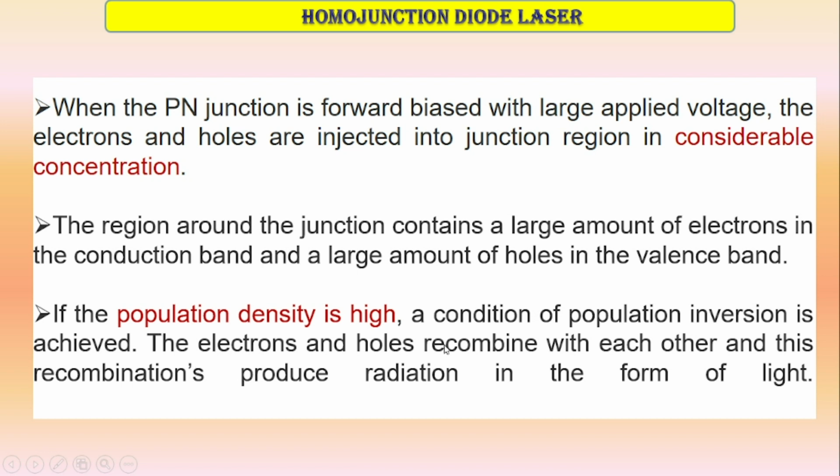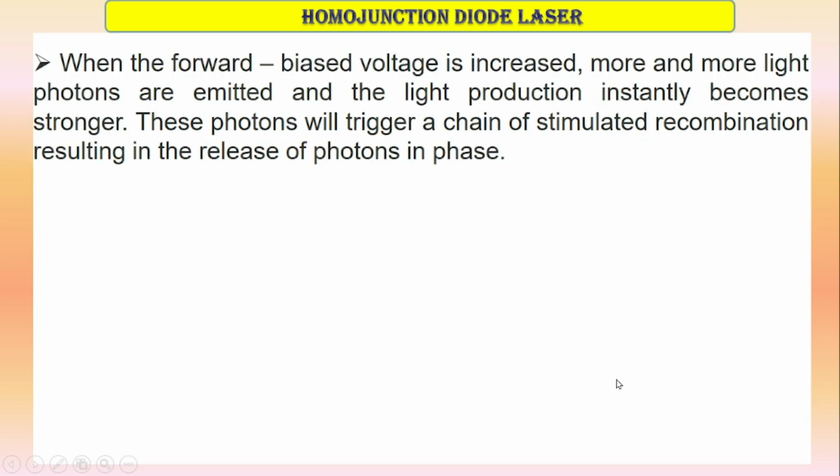The electrons and holes recombine with each other, and these recombinations produce radiation in the form of light. When the forward bias voltage is increased, more and more photons are emitted and the light intensity becomes stronger. These photons trigger a chain of stimulated recombinations, resulting in the release of photons in phase.